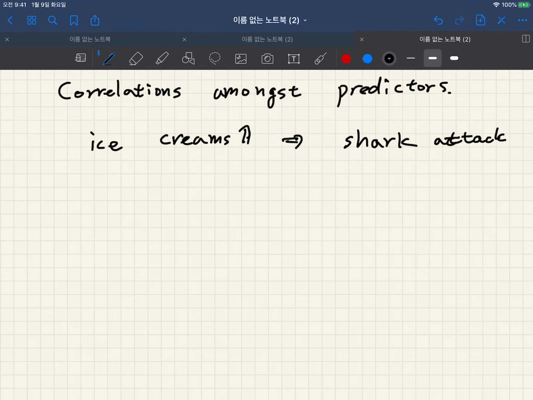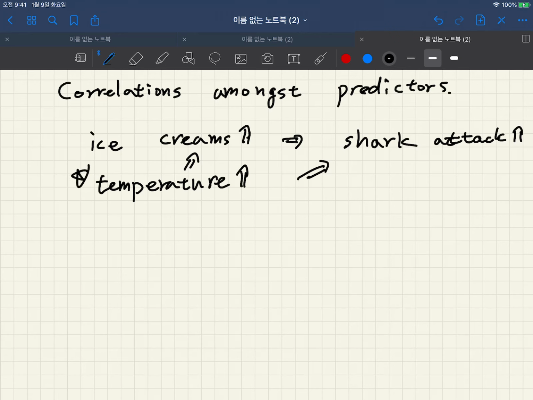That is absolutely nonsense. Indeed, there is a hidden factor: temperature. Temperature is the more related factor to shark attacks. A temperature increase causes ice cream sales to increase, and the temperature increase also causes shark attacks to increase. Right, so this is more important.